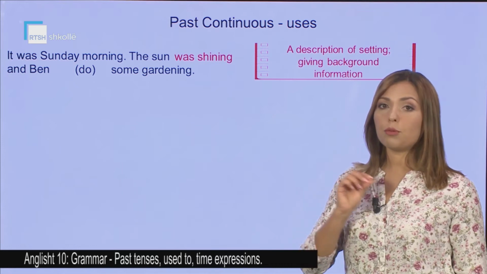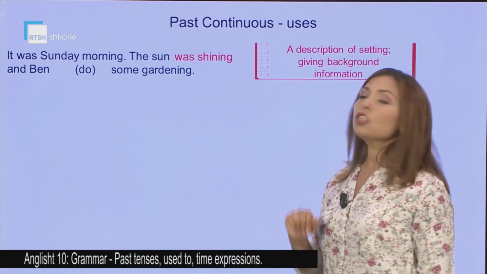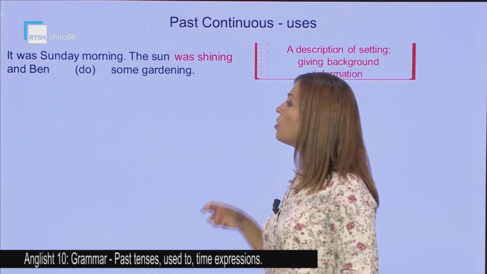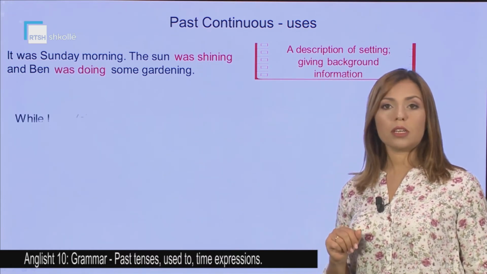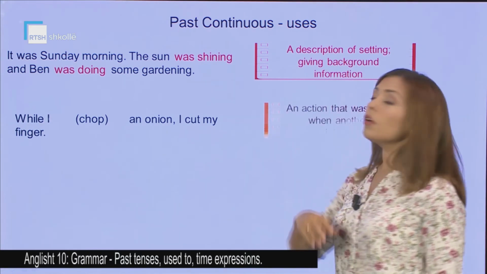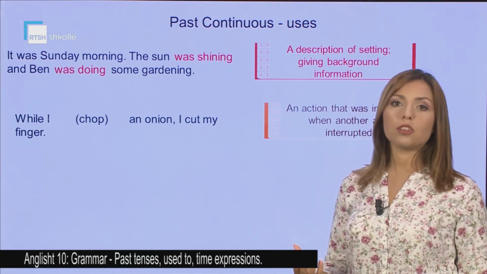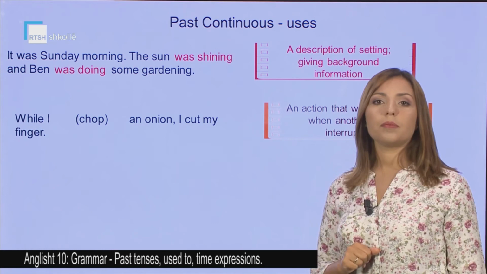So we said the verb to be in the past, was, and our verb in ing, shining. And Ben, what? Was doing some gardening. So we can see that we have a description of the setting. The sun was shining and some information. Ben was doing some gardening.